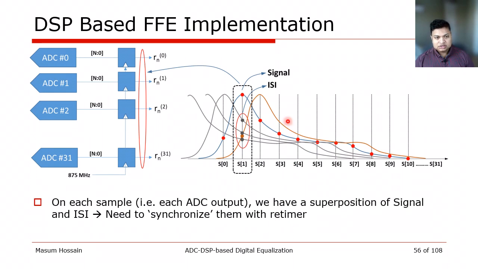In other words, if we can use those delayed versions of the data, we can get the equalization done by combining the main and subtracting the ISI components. However, to do that, we need to bring things into the same cycle. That's why an 875 megahertz retimer is used in most cases to bring them into the same cycle.